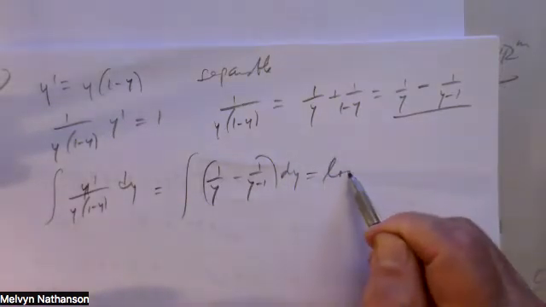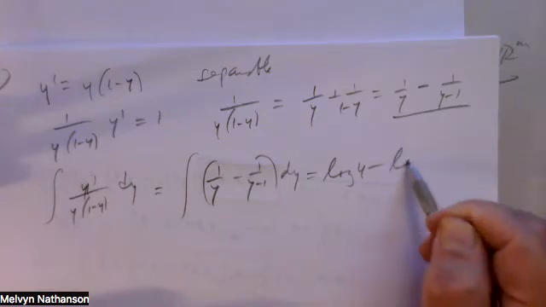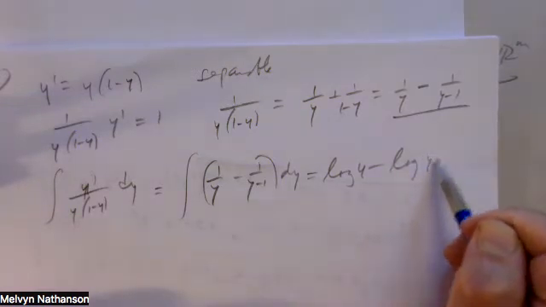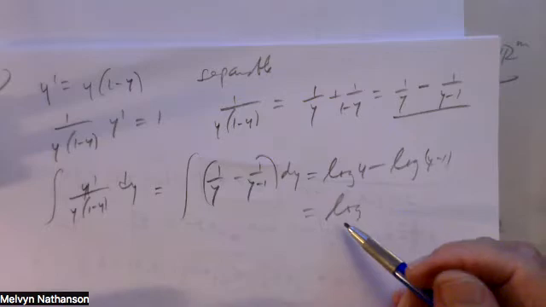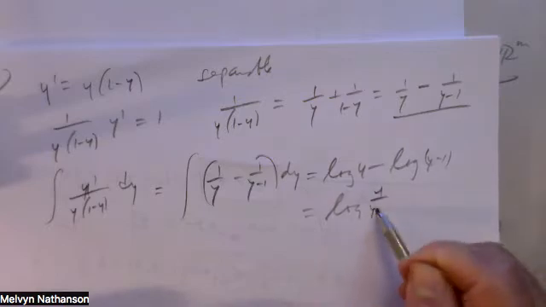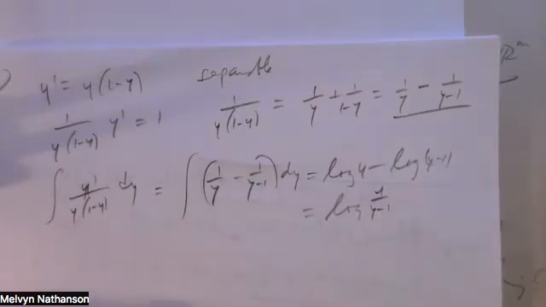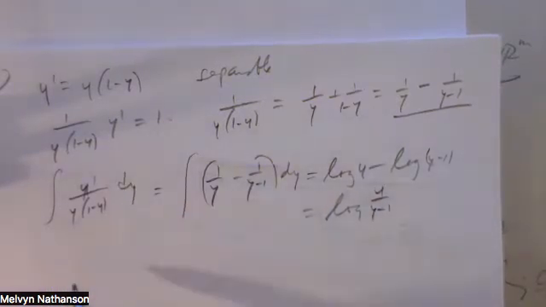This is the log of y minus the log of y minus 1, which is the log of the quotient y over y minus 1. And the integral of 1 is x plus a constant.